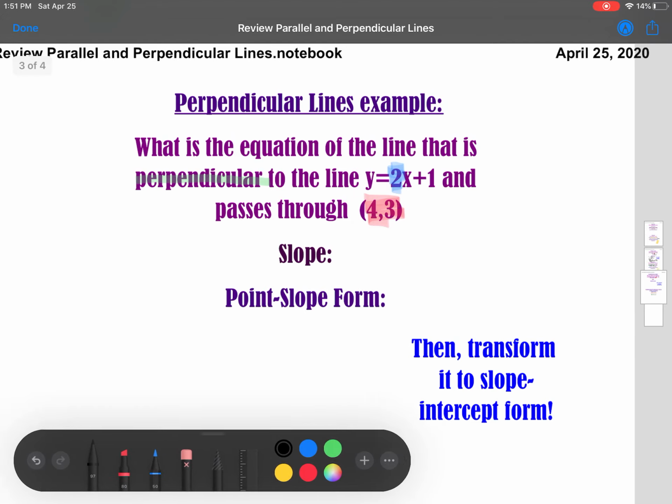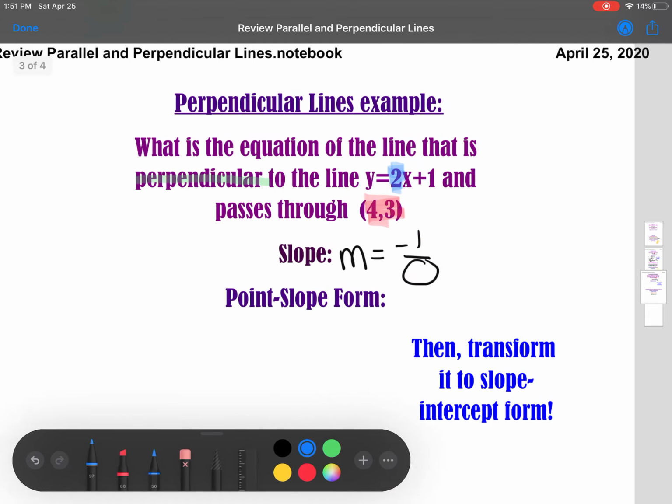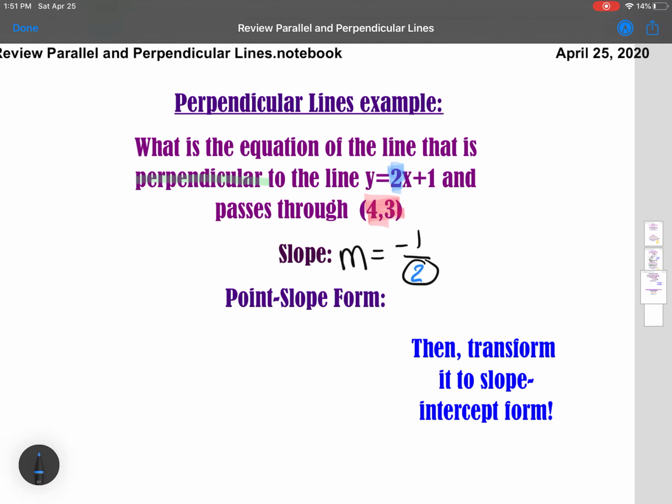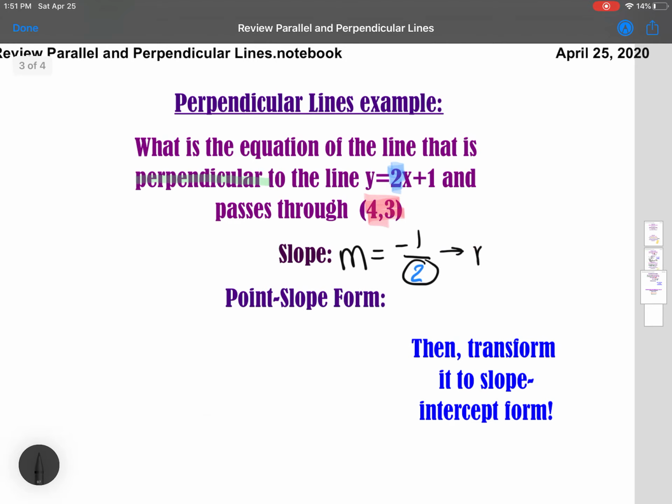So to start, my slope of this line is going to be negative 1 over whatever the slope was for that. The slope for that was positive 2. So my slope for this line equals negative 1/2.